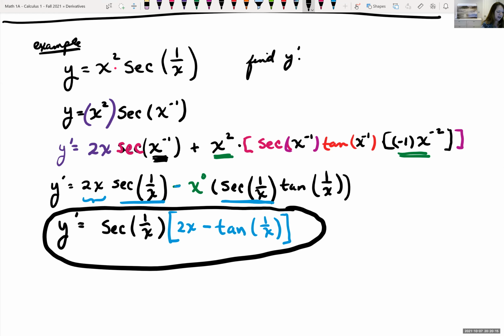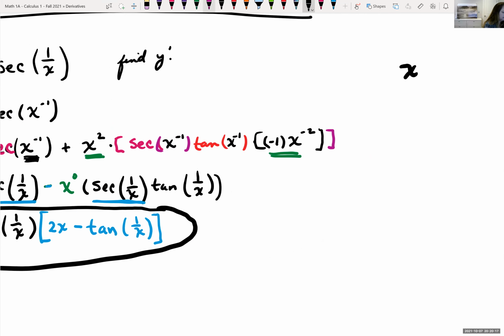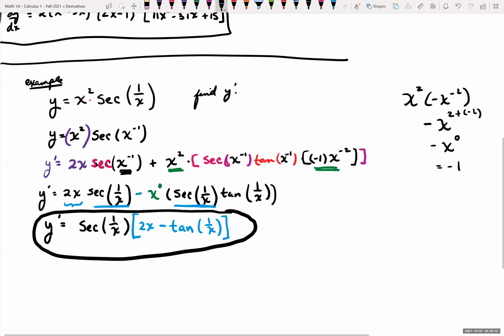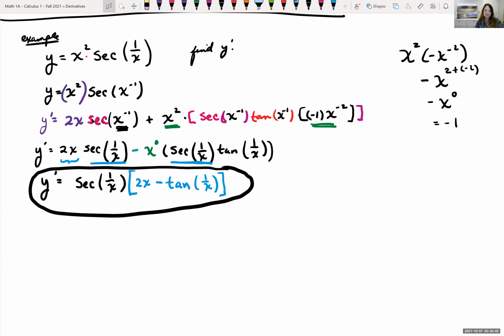So if we multiply x squared times a negative x to the negative 2, I could pull the negative out front. And because they're the same bases of x, we're adding our exponents, so plus a negative 2. So that gives us x to the 0 power, which is just 1, so we're left with negative 1. Gotcha. Other questions on that?